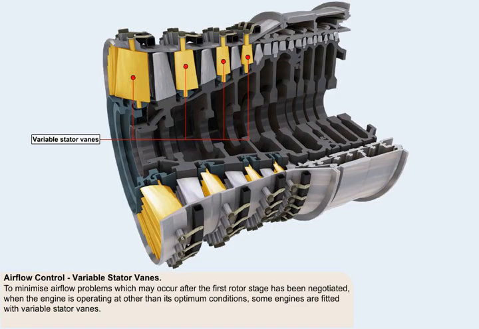After the first rotor stage has been successfully negotiated, the airflow may still have problems further down the compressor, when the engine is operating at other than its optimum conditions. To minimize those problems, some engines are fitted with variable stator vanes.